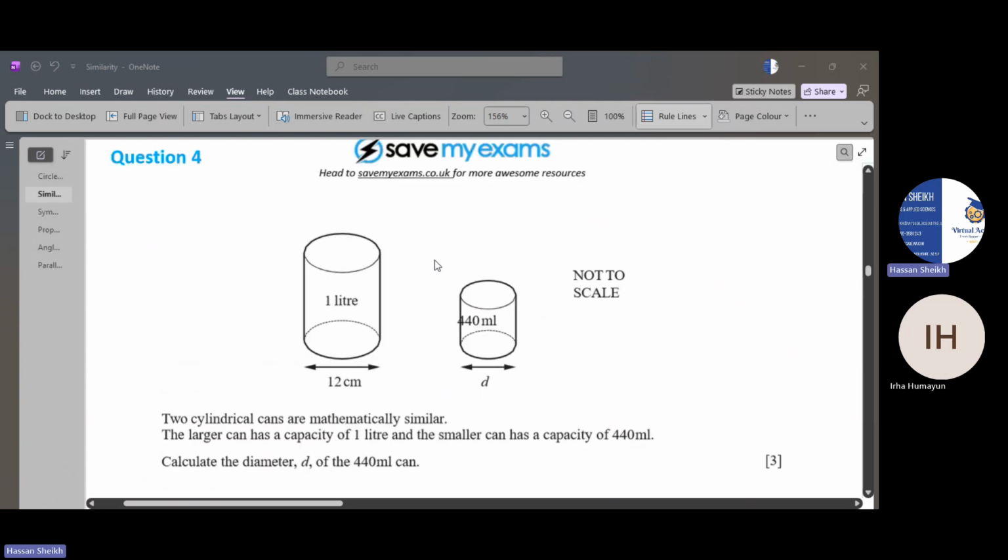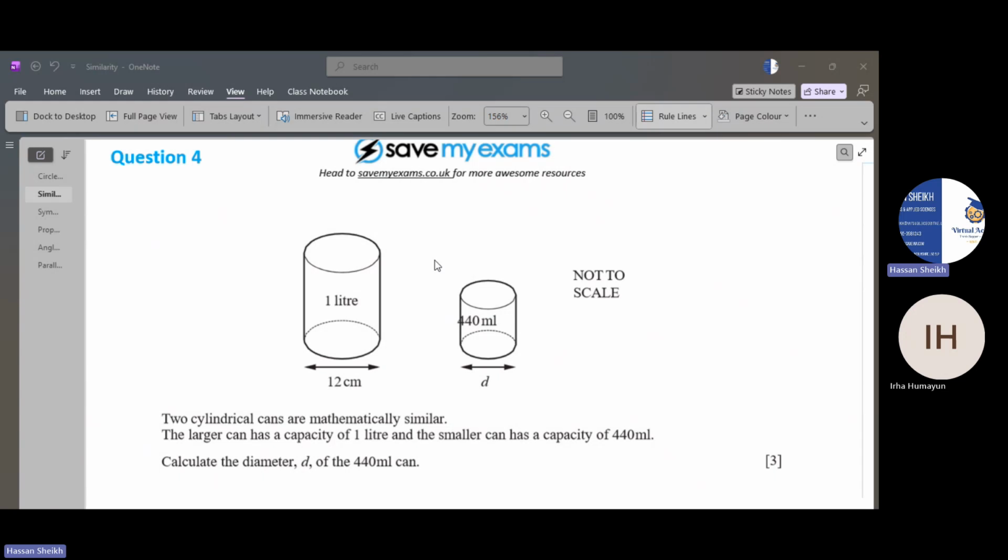Understand question number 4. Two cylindrical cans are mathematically similar. So, is the information given about their similarity? Yes.